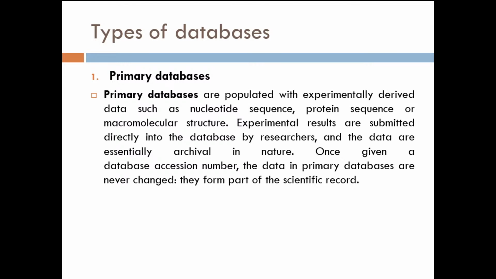People are submitting their sequences at very high speed. So it is not possible for any database administrator to visit any scientist's laboratory and verify whether he or she has done the sequencing genuinely or falsified it. So it is the biggest challenge before the researchers and the database administrators that whatever sequences are coming, they are genuine or not.